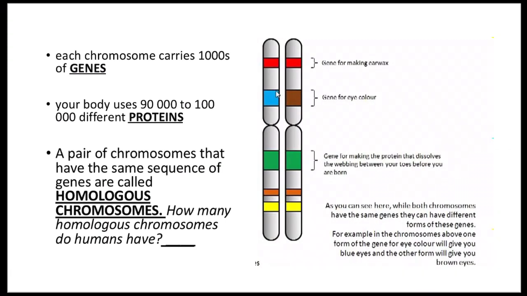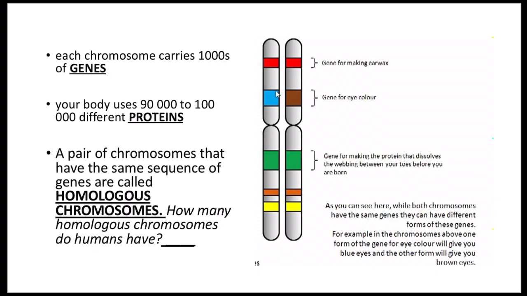Here we have a very simplified image of a chromosome showing genes. Each chromosome carries approximately thousands of genes, so tons of genes. Your body uses 90,000 to 100,000 different proteins, so that's a ton of different things that need to be coded for.